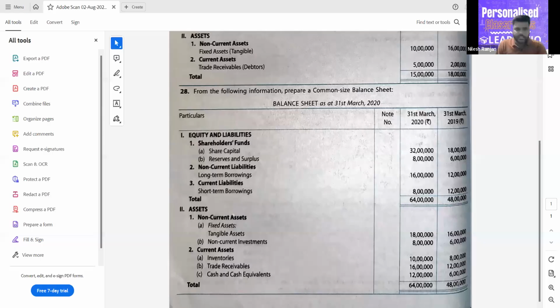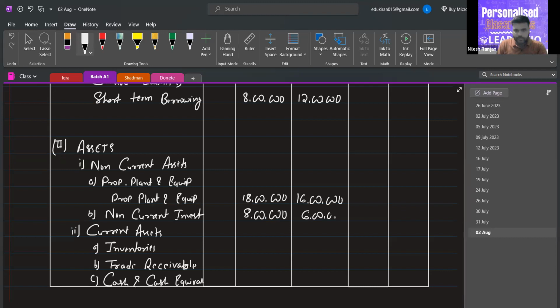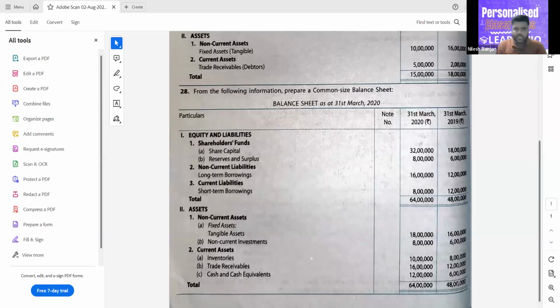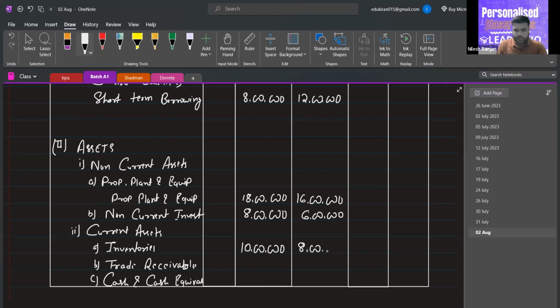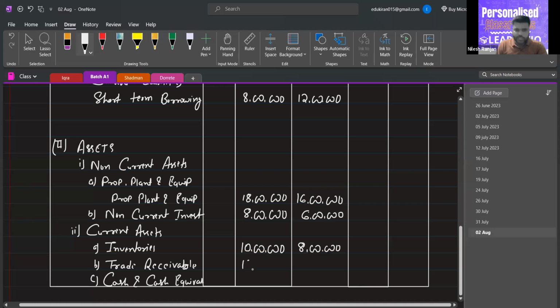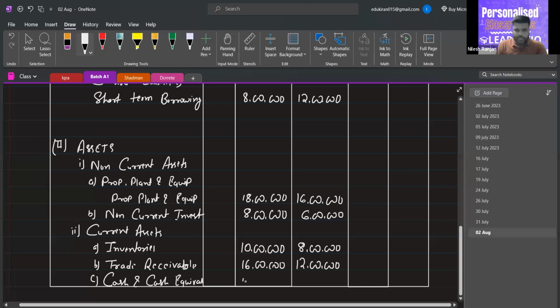After that, 8 lakh, 6 lakh. Inventory is 10 lakh, 8 lakh. Then 16 lakh, 12 lakh. And 12 lakh, 6 lakh.